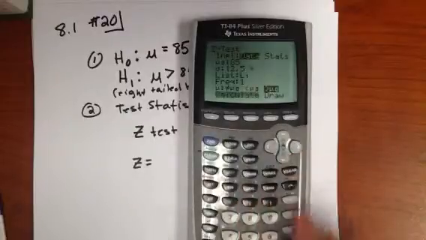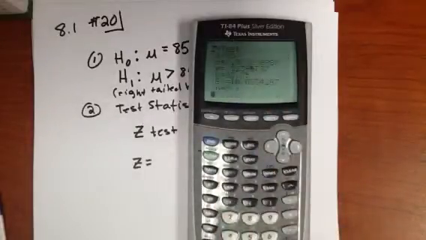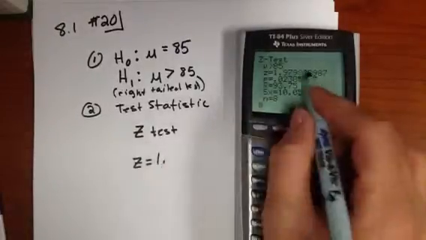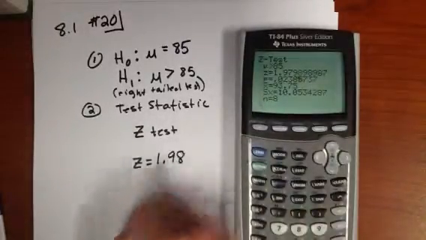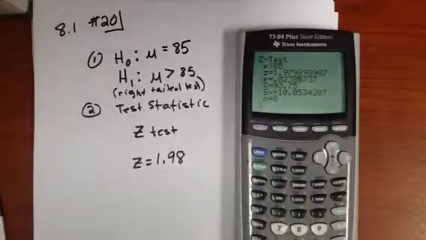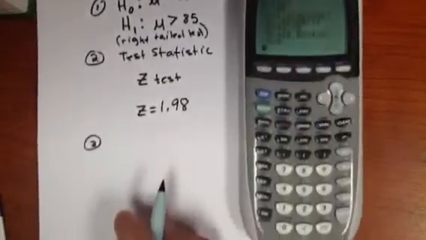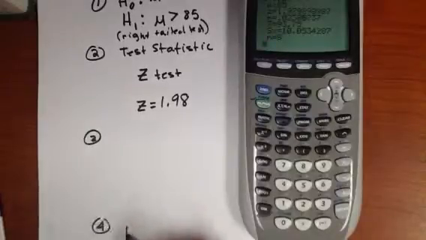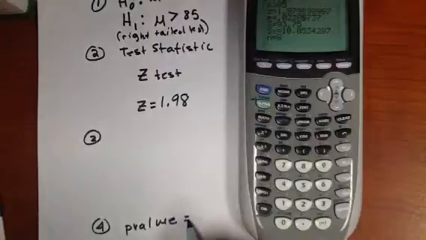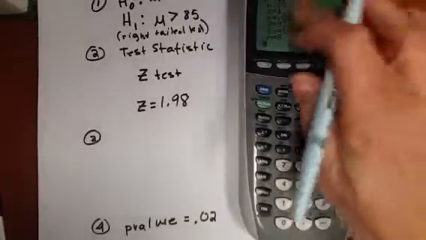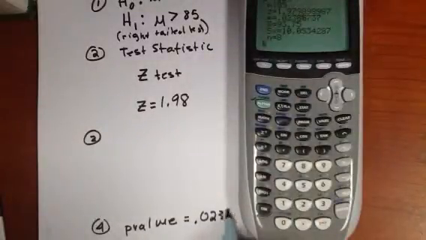So I do greater than and calculate. My test statistic is 1.98, rounded to 2 decimal places. I'm going to skip down on my paper and write what my calculator gave me for a p-value in step 4, and we'll evaluate that later. Usually we do the p-value to 4 decimal places: 0.0239.